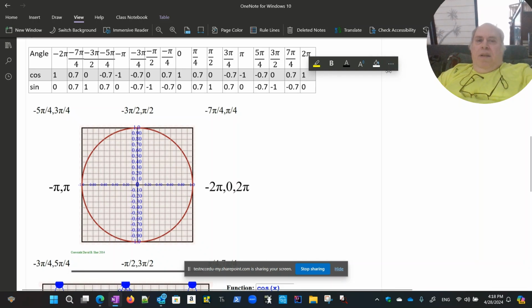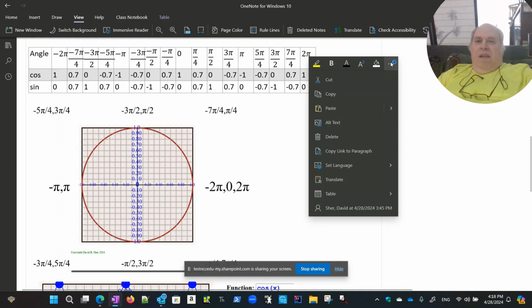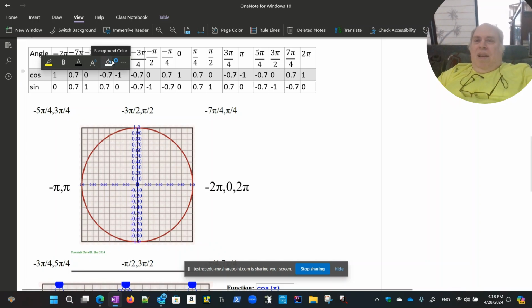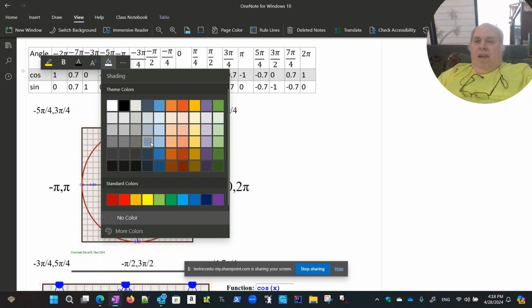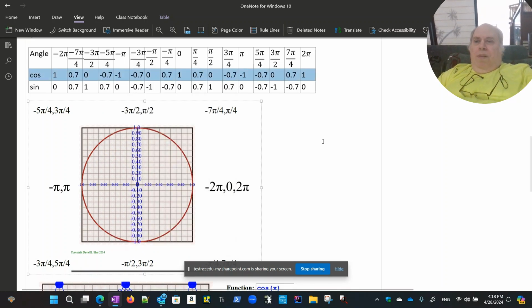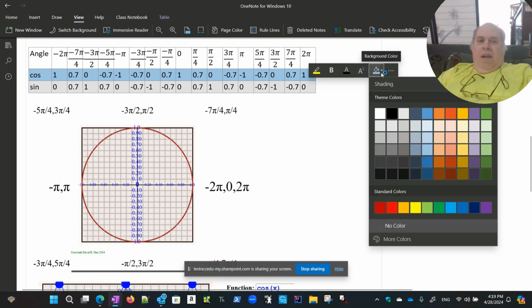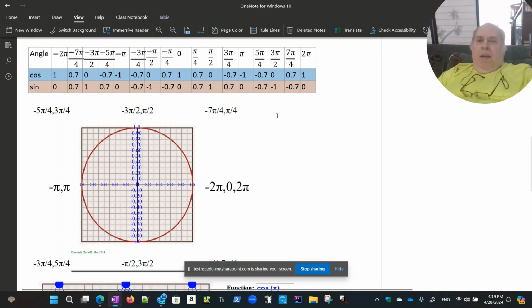I'll make the cosine the light blue, so I'll pick that blue. Now we're going to make the sine in red, so we'll color code that as pink or salmon.